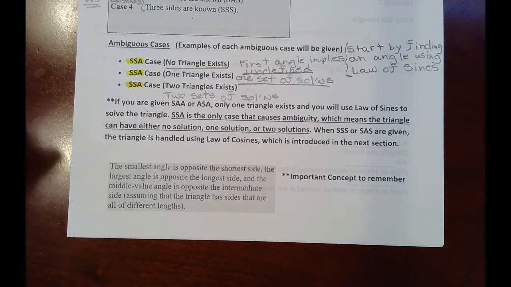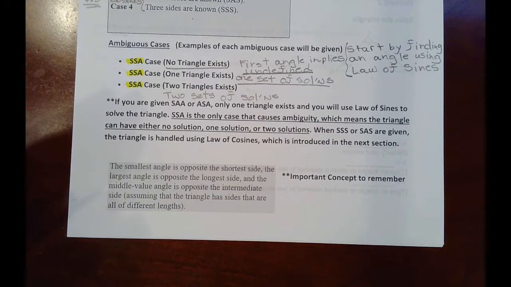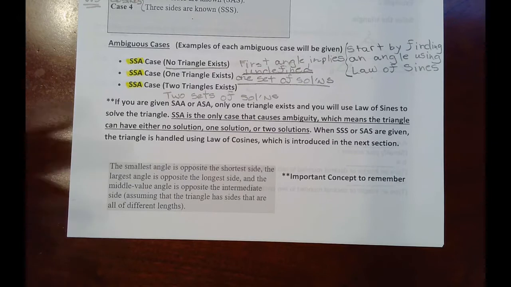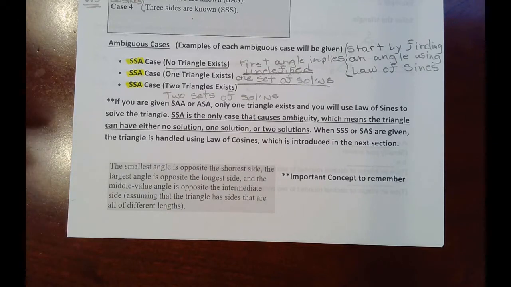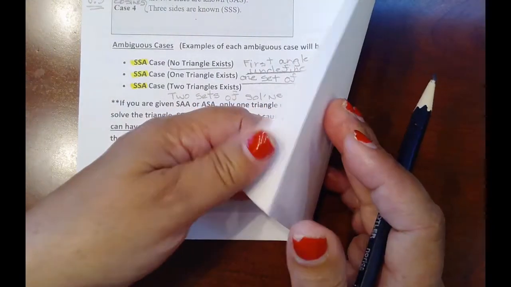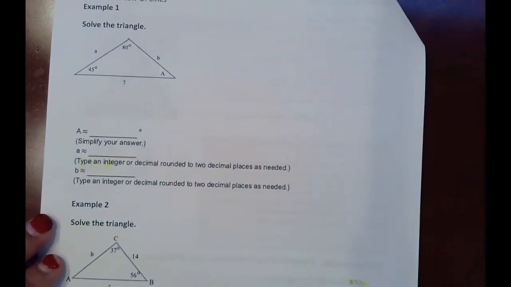The side that is medium in length, you could also call that the intermediate value, should be across from the medium-sized angle. And the largest side, or the longest side, should be across from the biggest angle. That should always be true. Use it as a checking point, as a way to check whether your answers make sense.